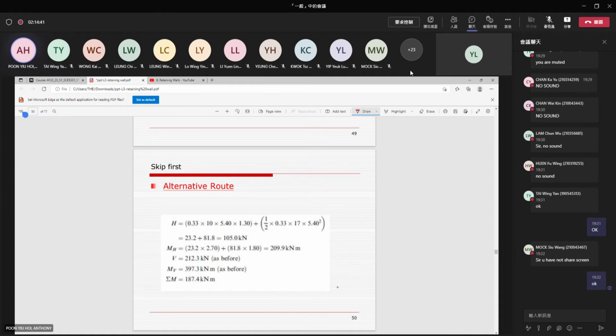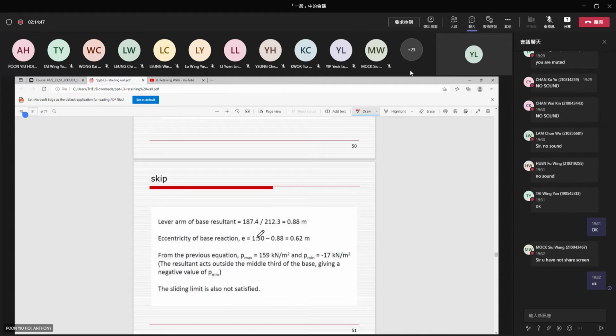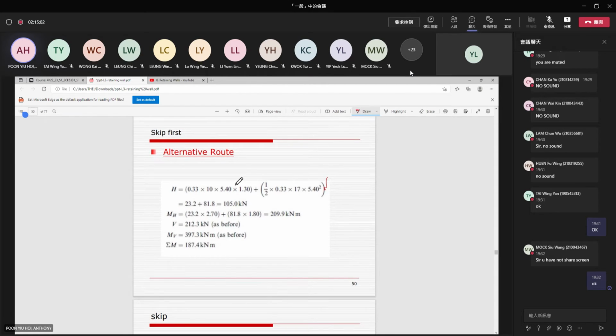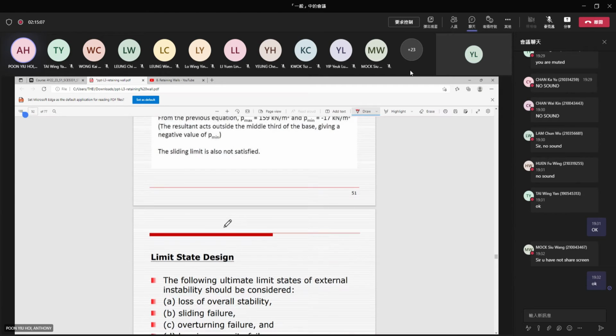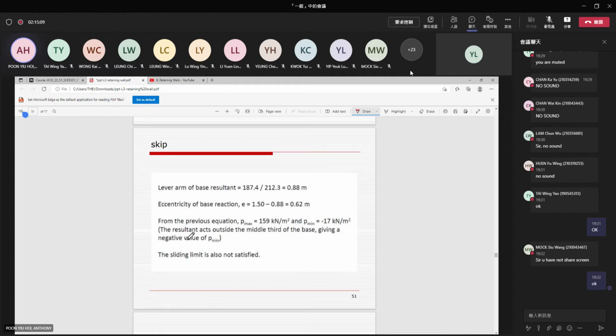And this is directly from the book, but the result is the same. Sliding limit not satisfied, eccentricity not satisfied, sliding not satisfied. The book also does it this way.